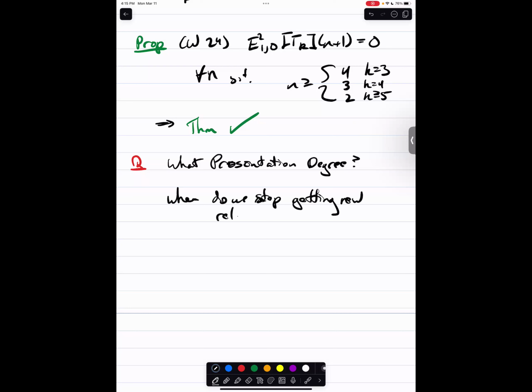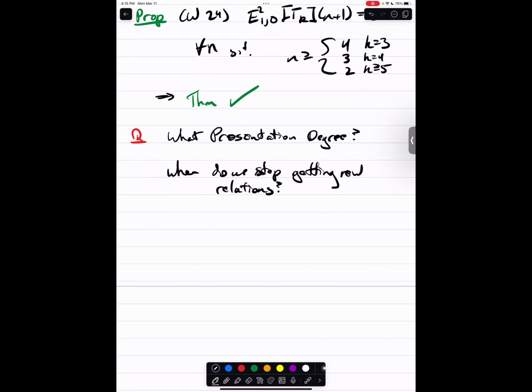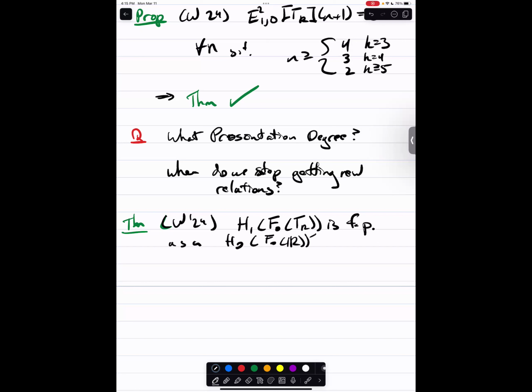And well, it turns out that we actually stop getting new relations fairly quickly. So another theorem is that the first homology of the ordered configuration space of particles in the star graph on k edges is going to be finitely presented as a 0th homology of the ordered configuration space of points in the line with a k-fold tensor product module.